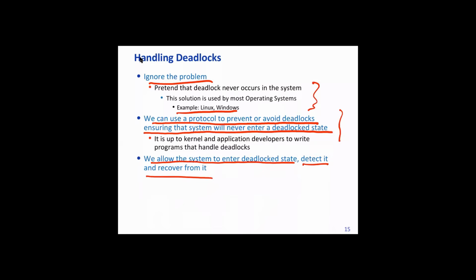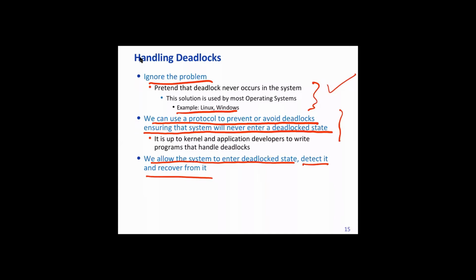We will not look at this in detail. I would rather suggest you read about Linux in general, about Linux deadlock, how Linux handles deadlock. What you said here in just one sentence is not usually the way it is implemented.